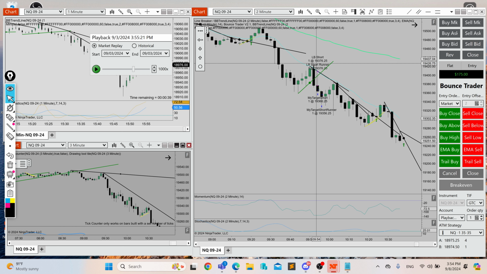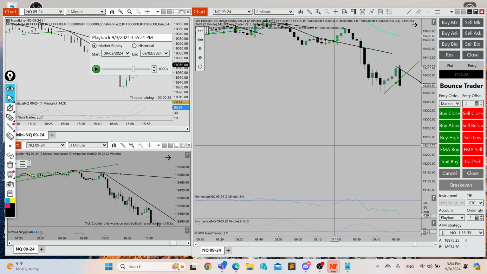So this trade will be valid because on a higher time frame we're currently showing a downtrend, which is agreeing with this trade, and reverse for longs.